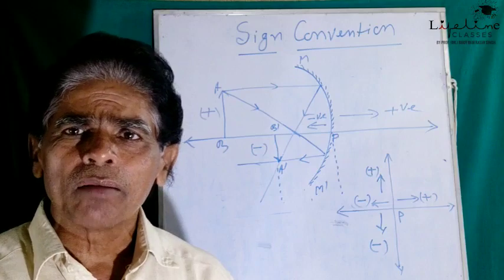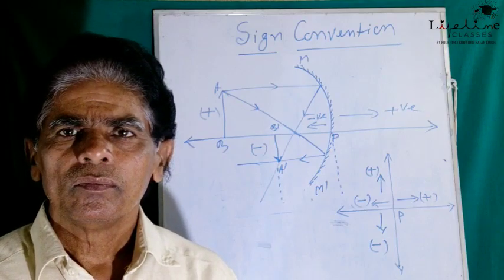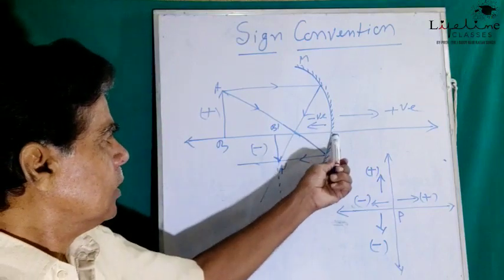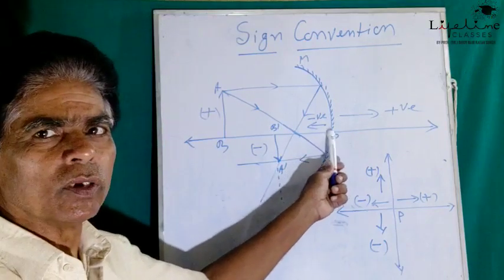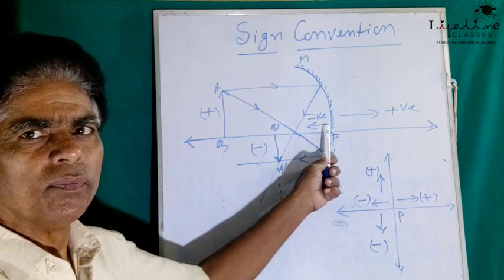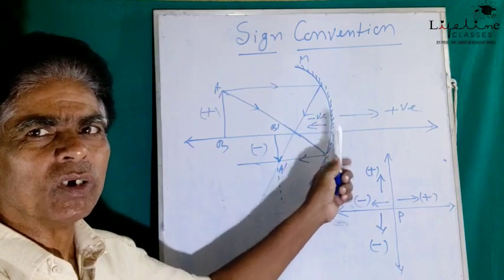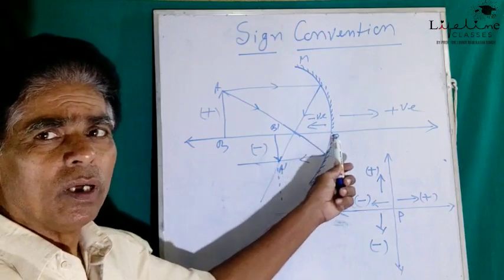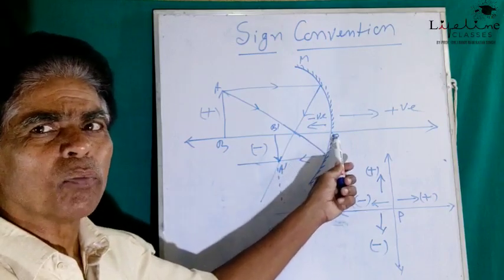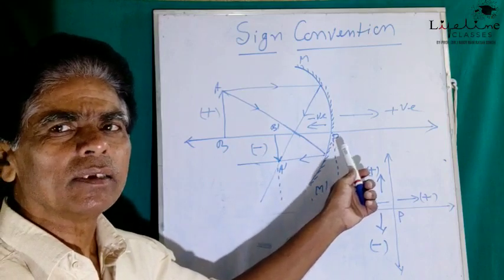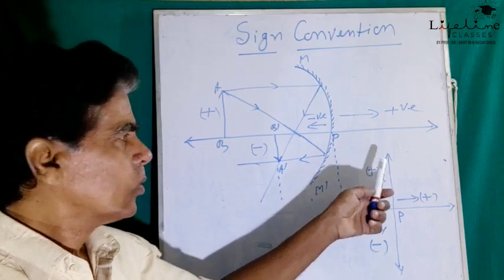all the distances are measured with respect to the pole. See here, this is the pole of this concave mirror. So all the distances are measured with respect to the pole, means starting from the pole. Pole P here acts as an origin.